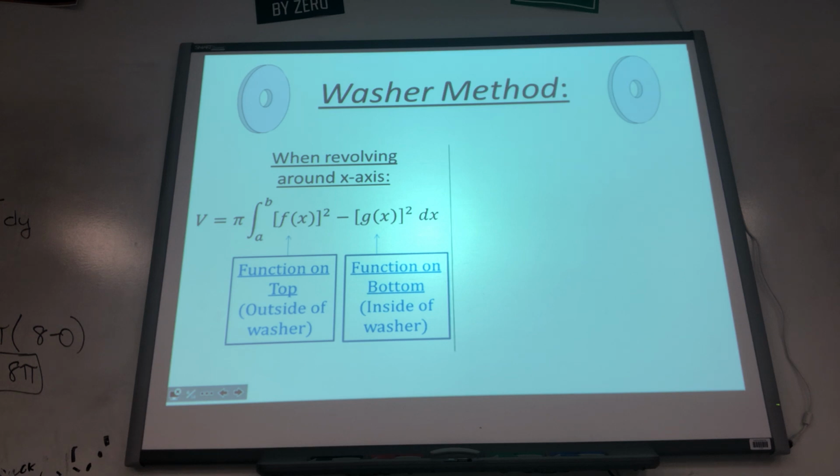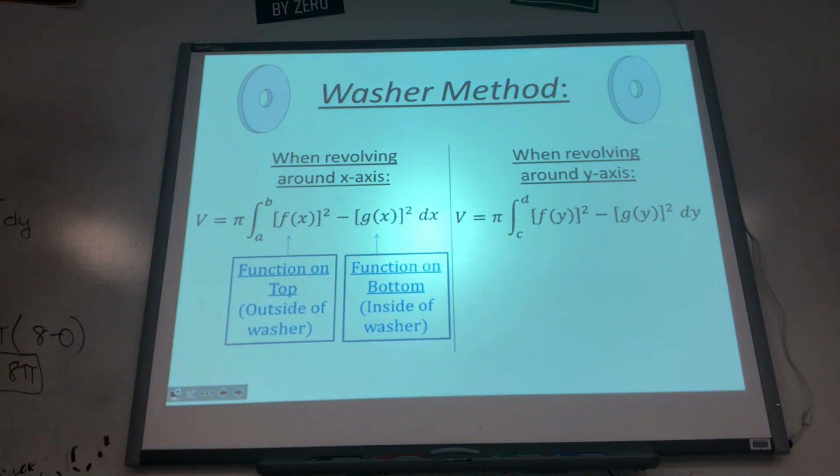Now, I'm just going to put a line up there, and then on the other side, give you some information about revolving around the y-axis. When revolving around the y-axis, we'll be integrating with respect to y. So similar to what we were doing yesterday, but now there's two functions.